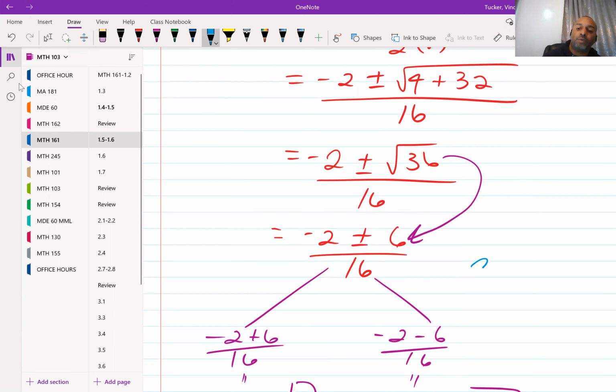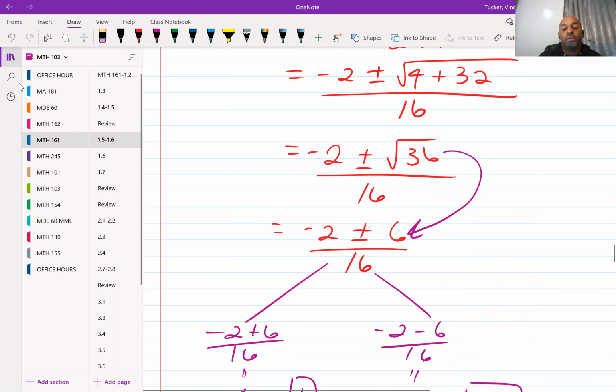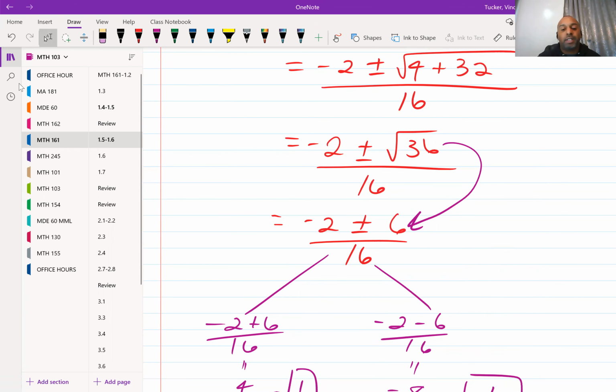Now, if this was 2 plus or minus square root of 6, then you could leave it the way it is, because you cannot add or subtract 2 to the square root of 6 evenly without dealing with decimals. But you can add and subtract 2 from 6. So that's why you have -2 plus 6 over 16, -2 minus 6 over 16.